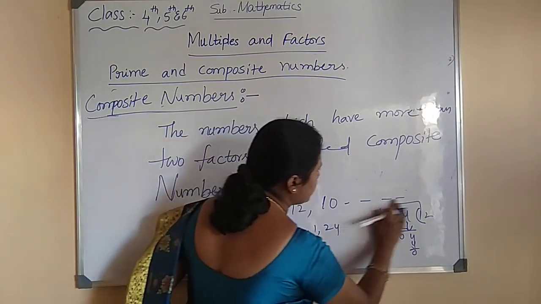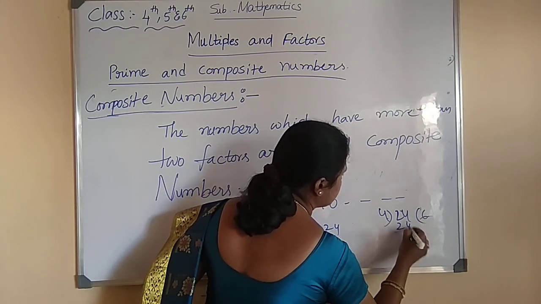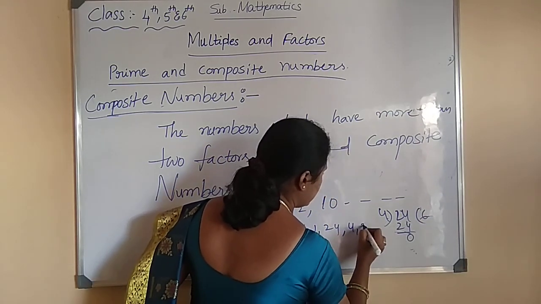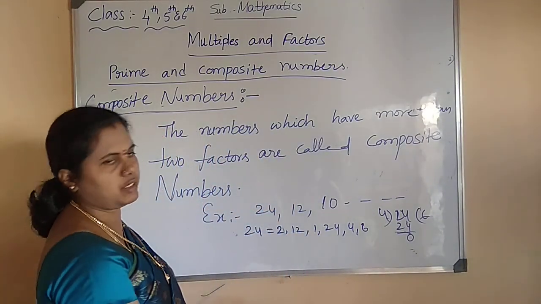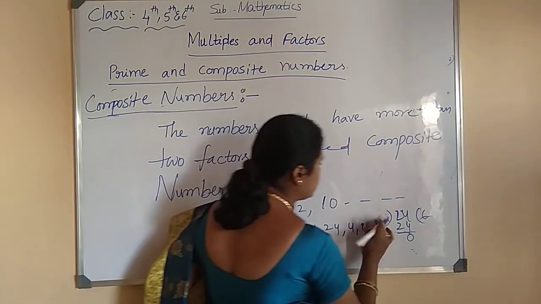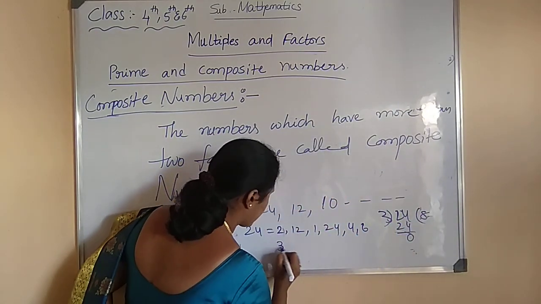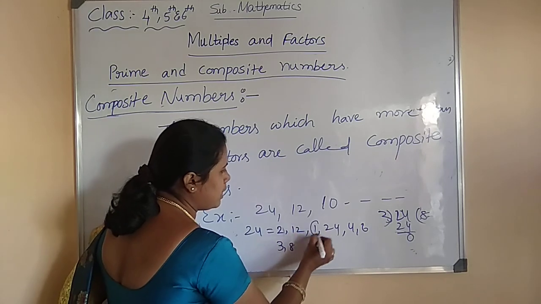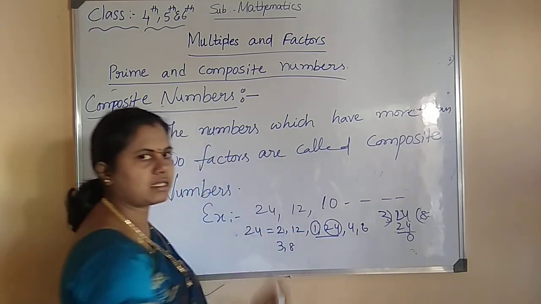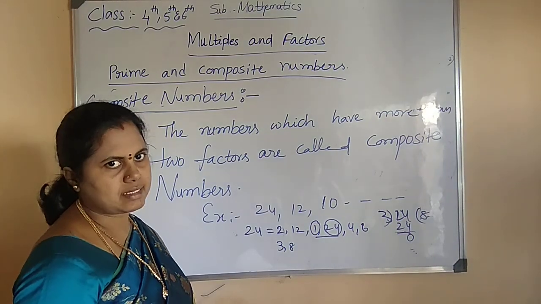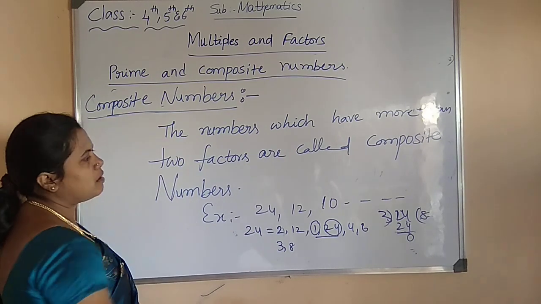And next you try with the 4. 4 sixes are 24, then 4 and 6 are the factors. Next 6 fours are 24. With 3 if you divide also, 3 eights are 24. Then 3 and 8. See, other than 1 and itself, so many factors are there. That's why we can say this 24 is a composite number.